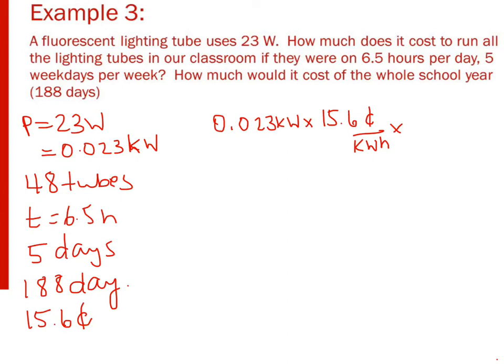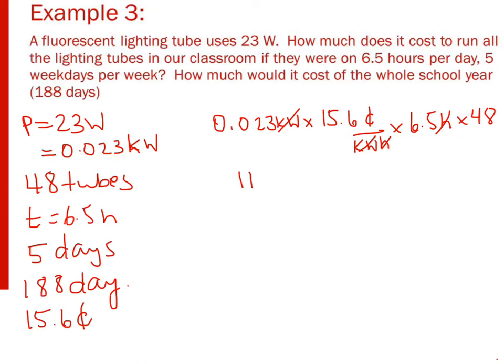We're going to multiply it by our time, 6.5 hours, and then we're going to multiply it by 48 because that's how many tubes we have. The other alternative would be to multiply your wattage by 48 and you could be solving it there. So you can see that kilowatts cancel, and hours cancel. So we're going to be left with units of cents. So go ahead and type that in on your calculator.